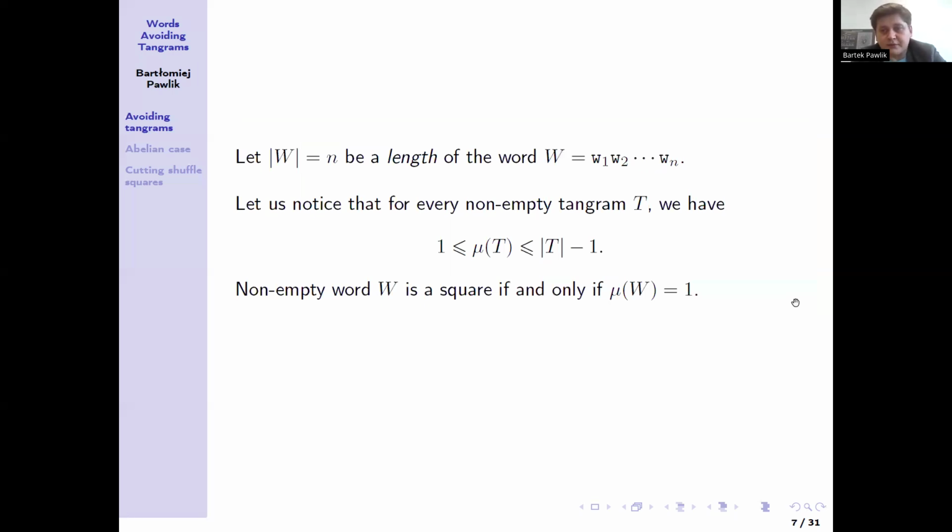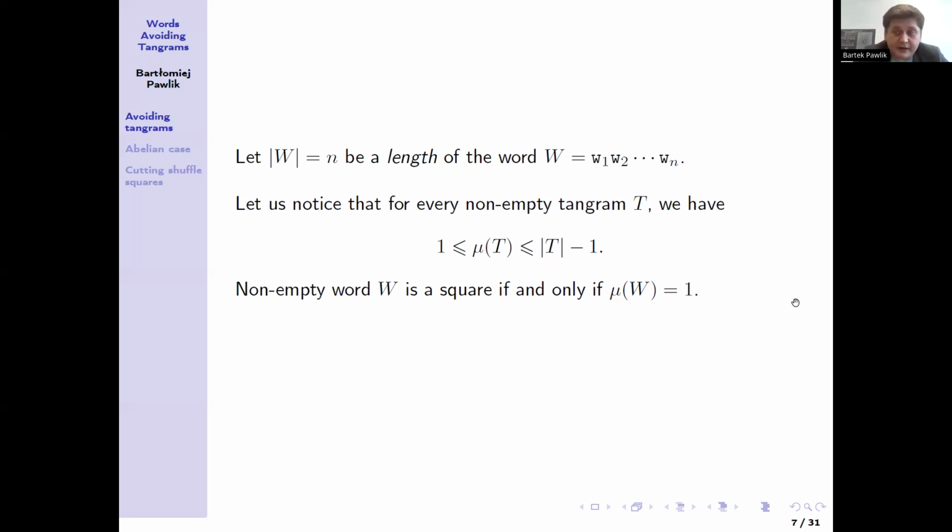So what are the possible values of the cut number for a tangram? Of course, the cut number must be at least 1. This is the case for squares, where a single cut in the middle of the word is made, and we get two exactly the same pieces.